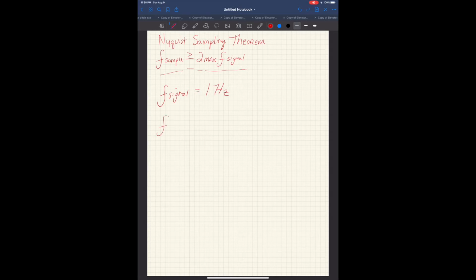That means the frequency of the sample must be greater than or equal to 2 times 1 hertz, or the frequency of the sample must be greater than or equal to 2 hertz. This gives us the frequency that we should sample the signal at if we want an accurate representation. That's why we use Nyquist sampling theorem, because we want an accurate representation of the signal.